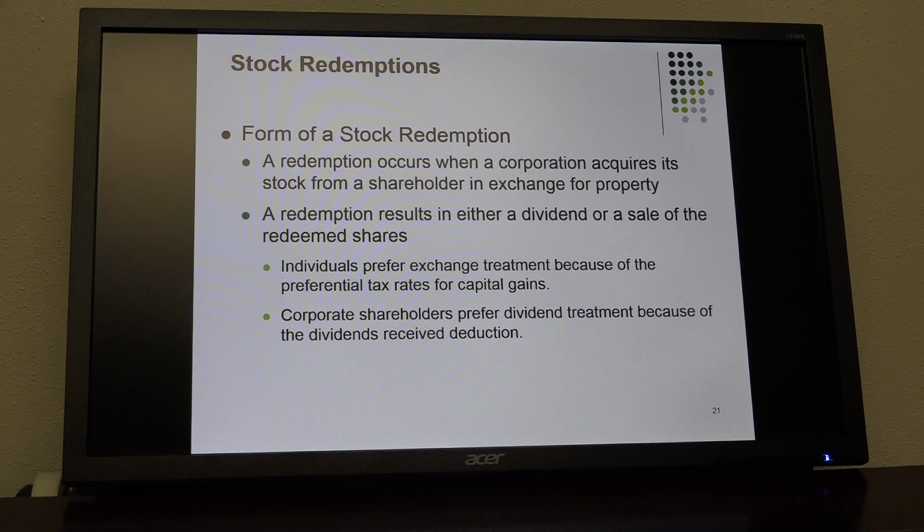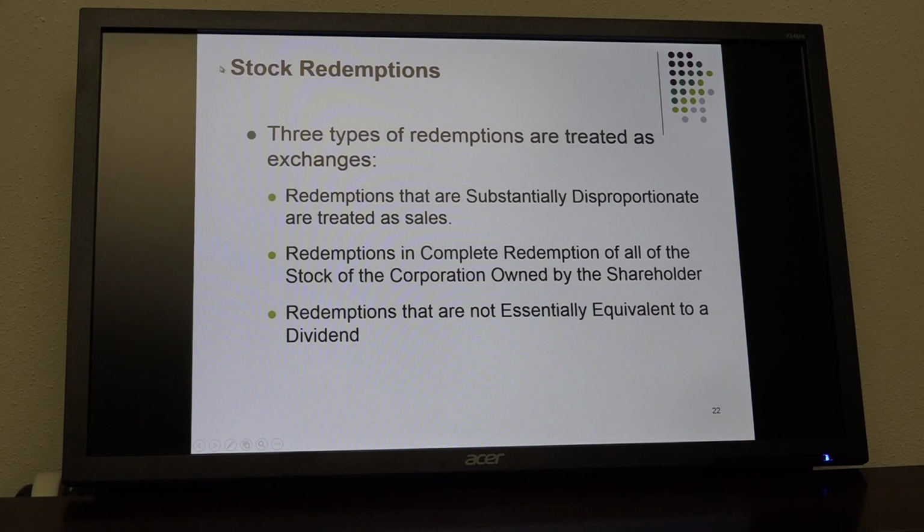Now, for corporate shareholders, that's not true because of the dividend received deduction. Corporate shareholders prefer dividends rather than capital gain treatment because of the DRD. And so three types of redemptions are treated as exchanges.